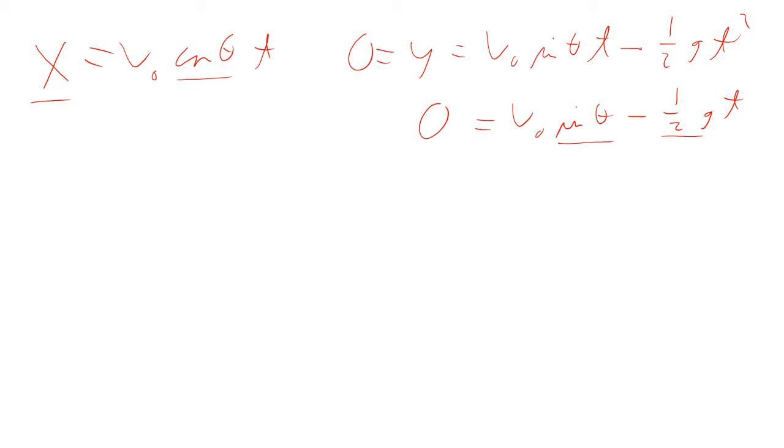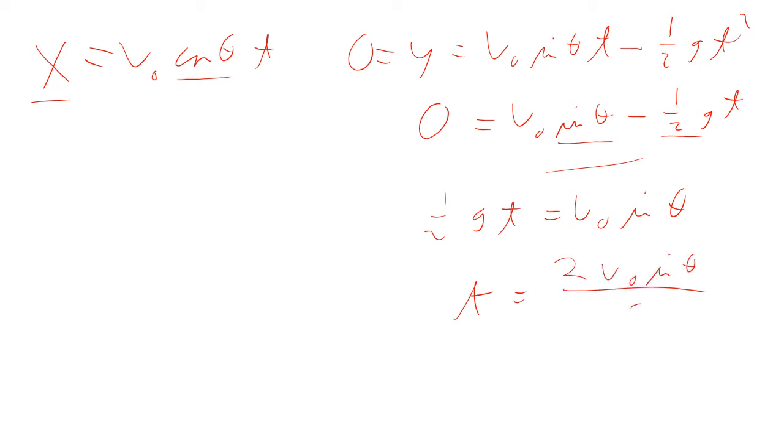So we can solve for t, moving that to the other side of the equation. 1/2 g t equals v naught sine theta, so t equals 2 v naught sine theta over g.